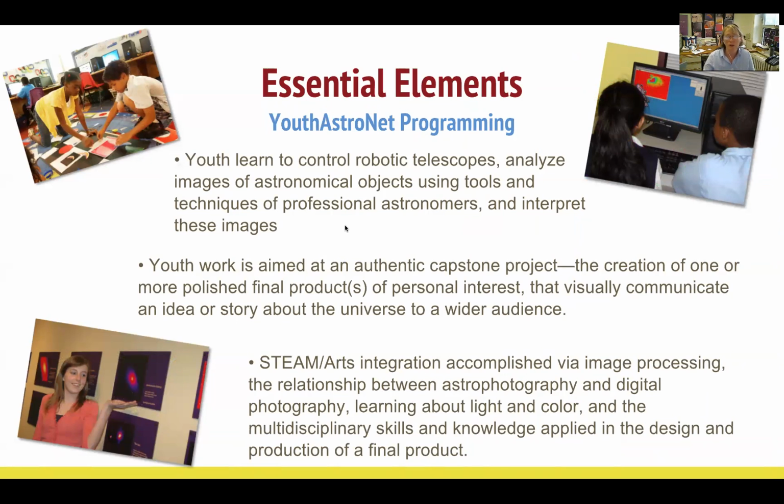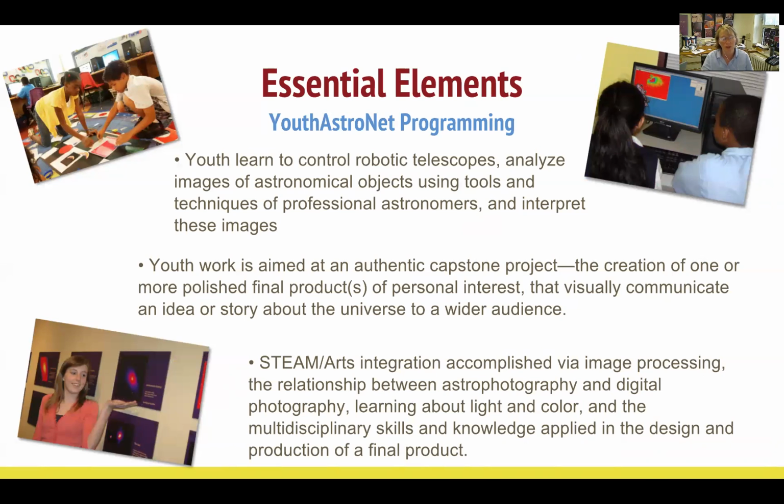So the skills are the same, and to remind you of the kinds of projects that you get to do, the core elements are to help kids learn how to take lots of images with the telescopes, learn how to enhance them, and we've just done the kind of beginner's version of enhancing, and then to pursue projects with their images. And the projects could be astronomy projects, engineering projects, learning how image processing works, learning how light and color works.